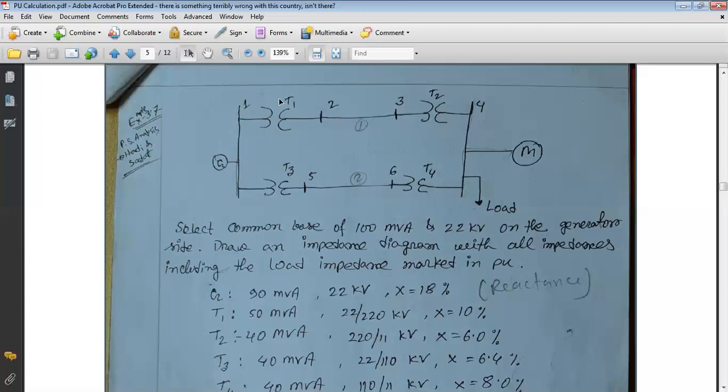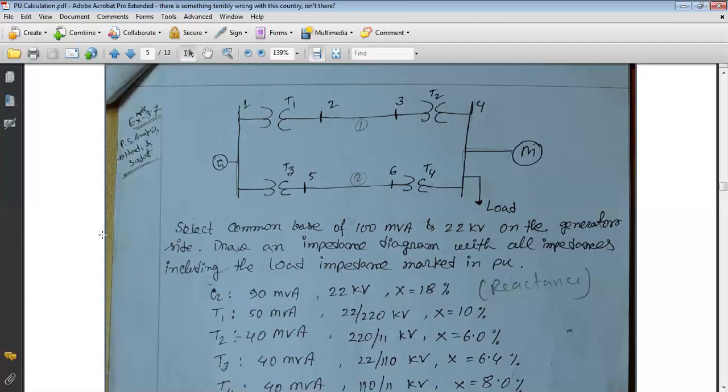Now, this is transformer 1 connected with bus 1. So this is basically a step up transformer. We know from the generation unit, we need to step up the generation voltage.